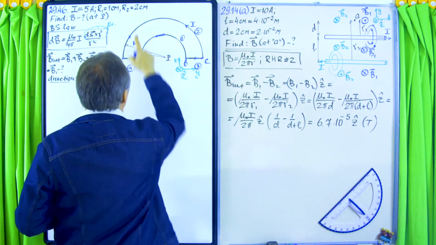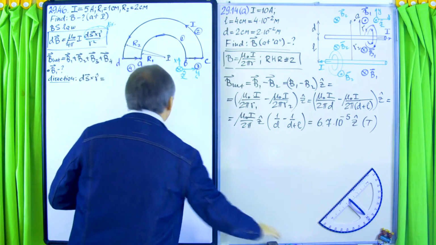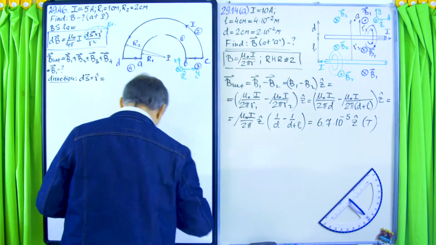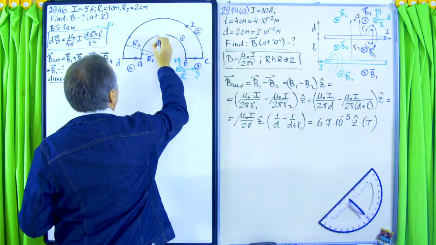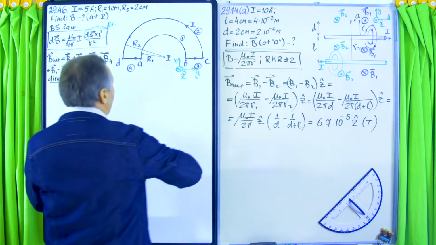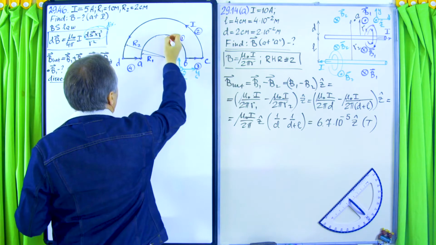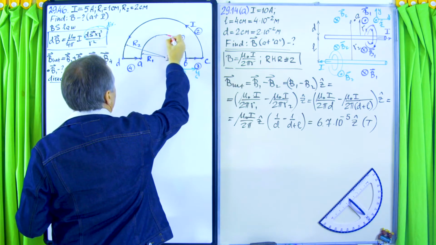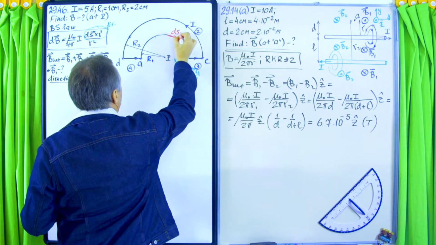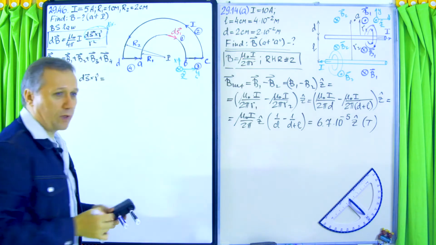I want to save that space for analyzing section 2. So let me draw ds over here. So that's my ds. Okay, I can even add subscript 1.